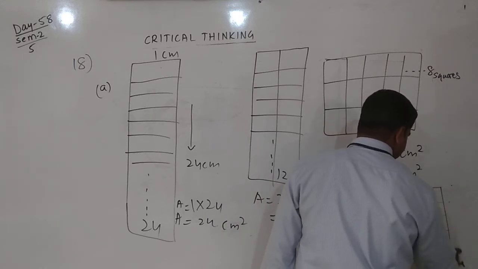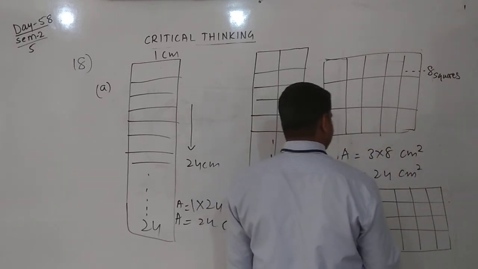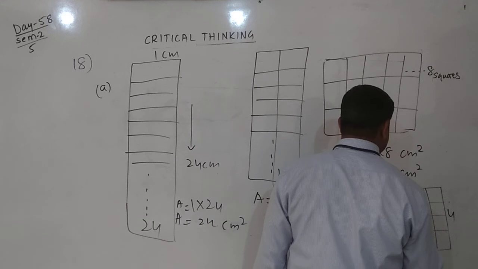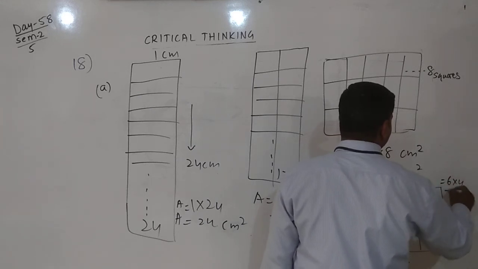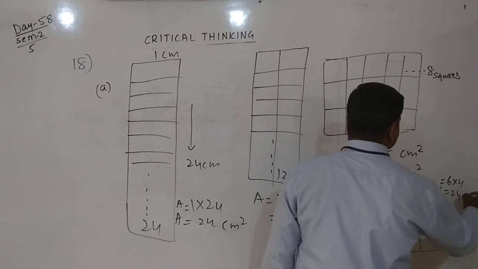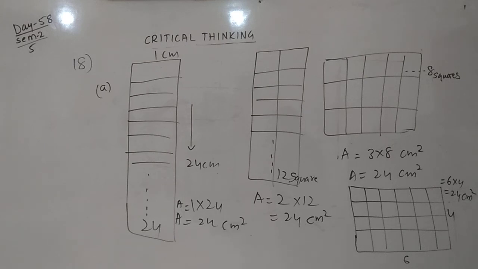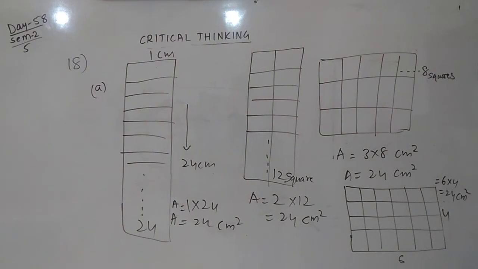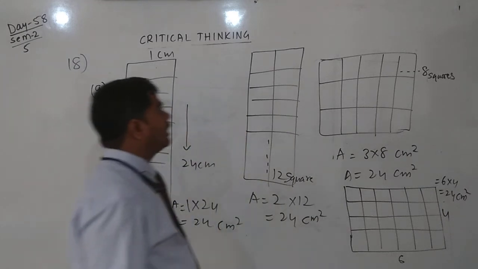This is 4 and this is 6. We can write 6 into 4, that is 24 centimeter square. Yes, like this, all these 4 we can draw in a graph paper.